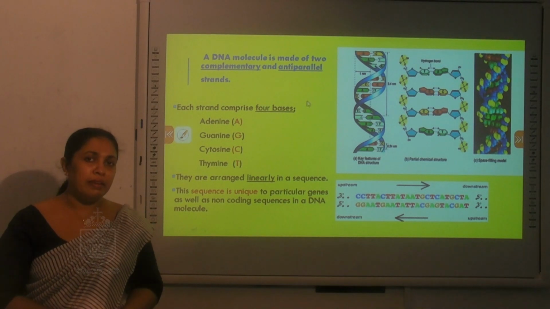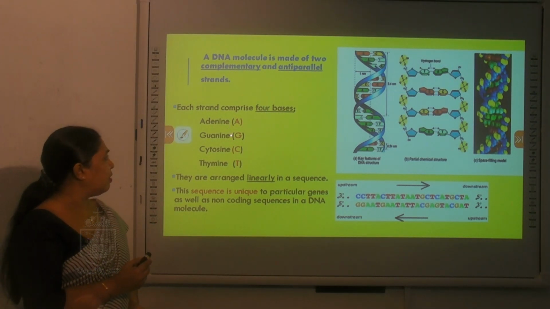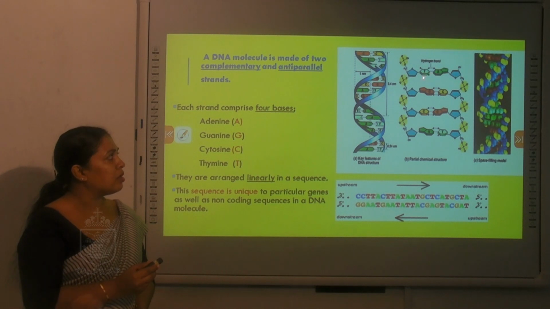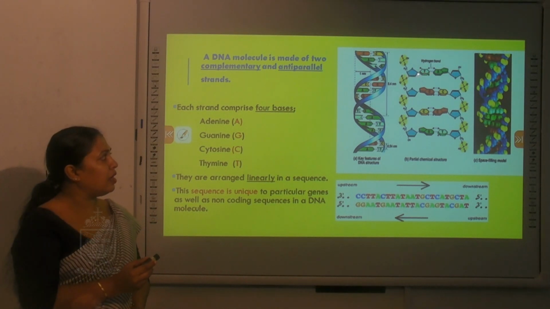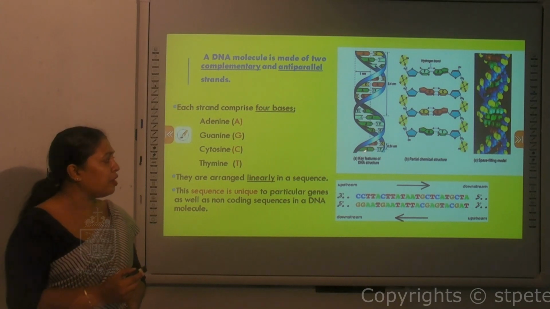If we recall the DNA molecule, it is made with 4 bases: adenine, guanine, cytosine and thymine. And these bases are arranged in a DNA molecule due to hydrogen bonds, and these 2 DNA strands are antiparallel.